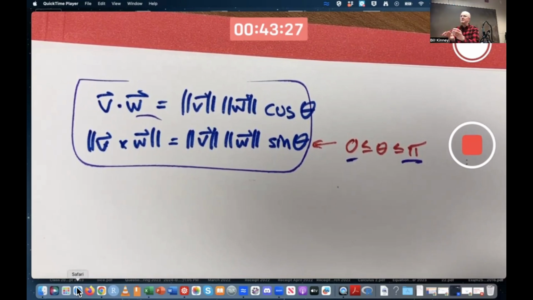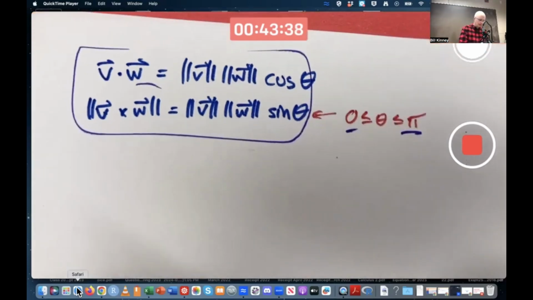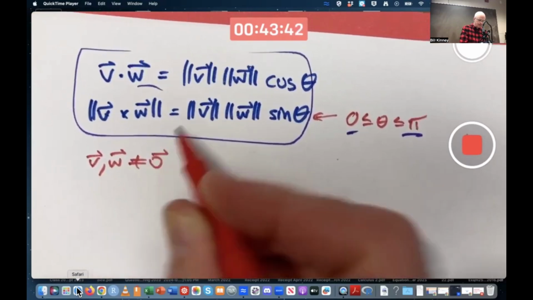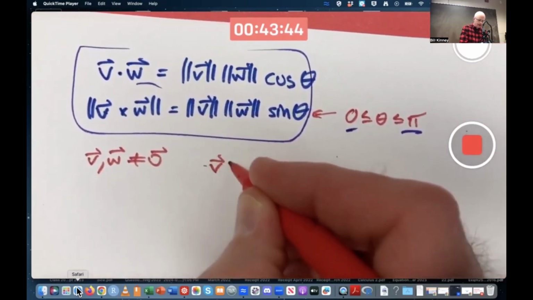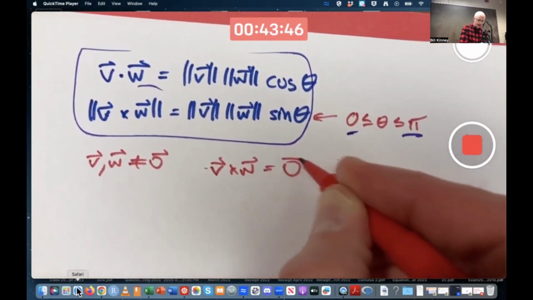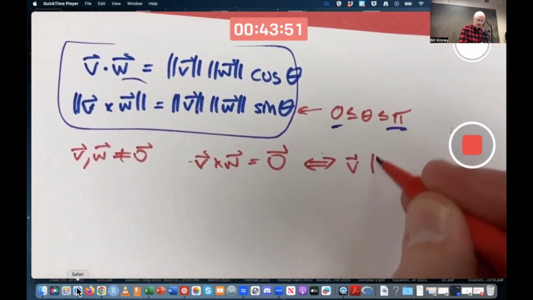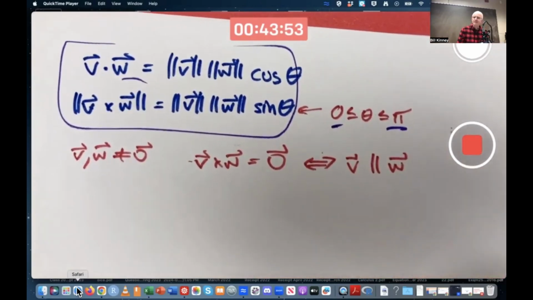V cross W is the 0 vector if and only if V and W are parallel, when they're non-zero at least. If V and W are non-zero, V cross W is the 0 vector if and only if V and W are parallel to each other, if you want to write it like that.